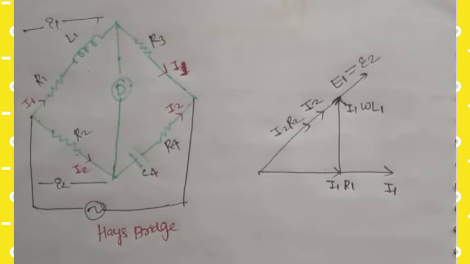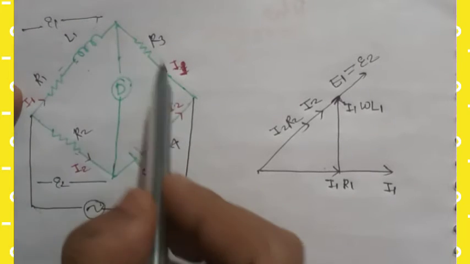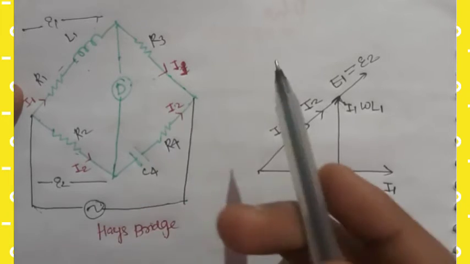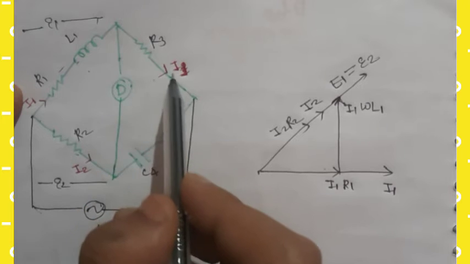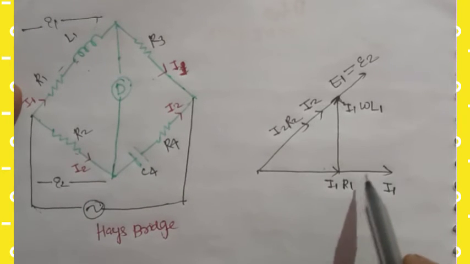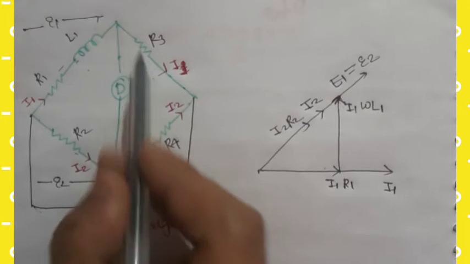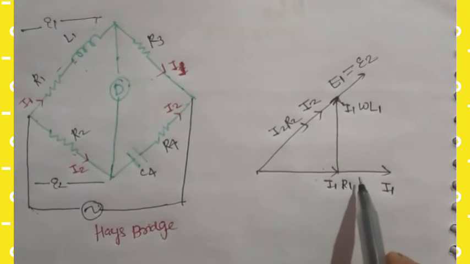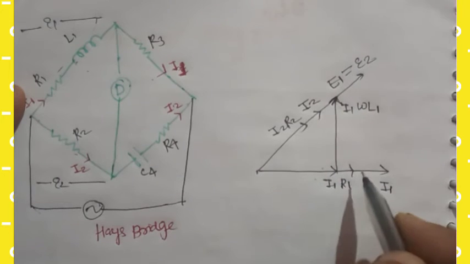And one thing we should know is that the same current I1 is flowing through this, so what will be the voltage across this? I1 R3. See here, I1 is the reference and here is a resistor element, so the voltage will also be in the same phase.